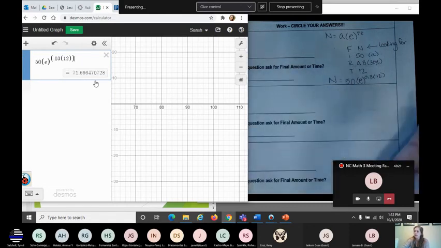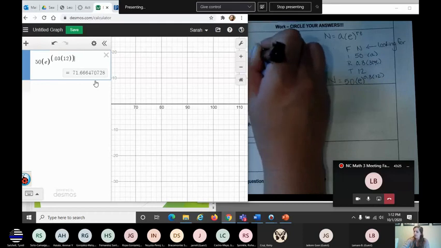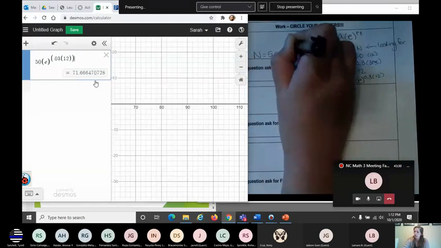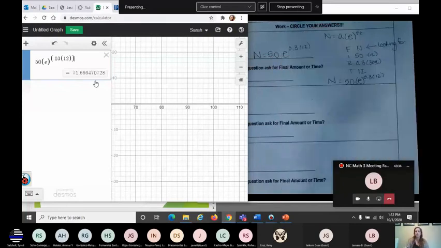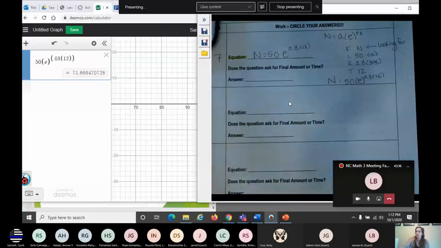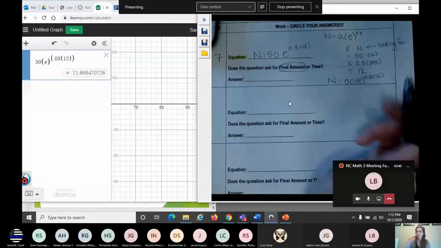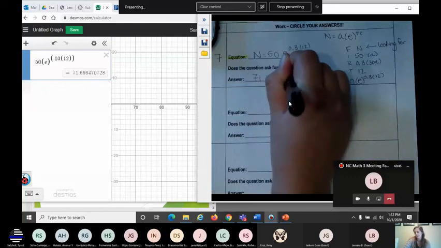All right, so my N should be equal to, so my equation was N equals 50 E to the 0.3 times 12, and does the question ask for the final amount or the time? This is asking for our final amount, and our answer is going to be 71.67 bacteria.